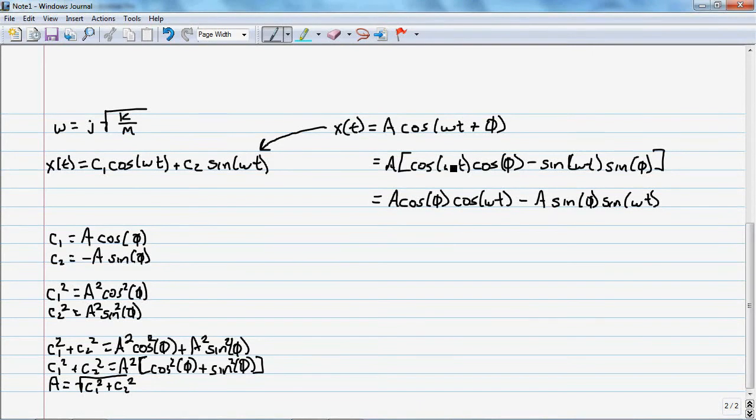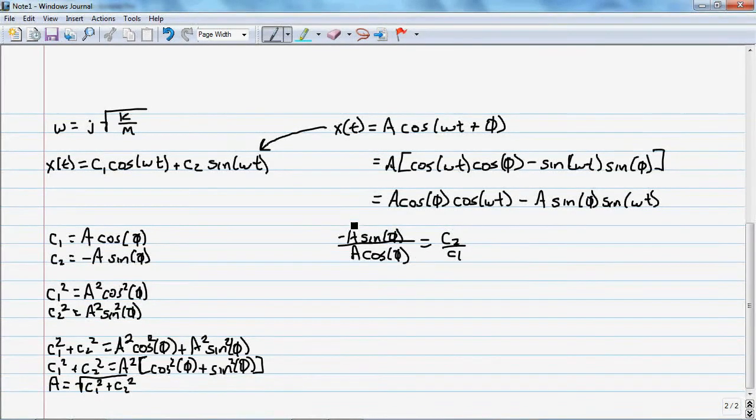And now to get phi, I can take and divide. Okay, now I have a tangent function.